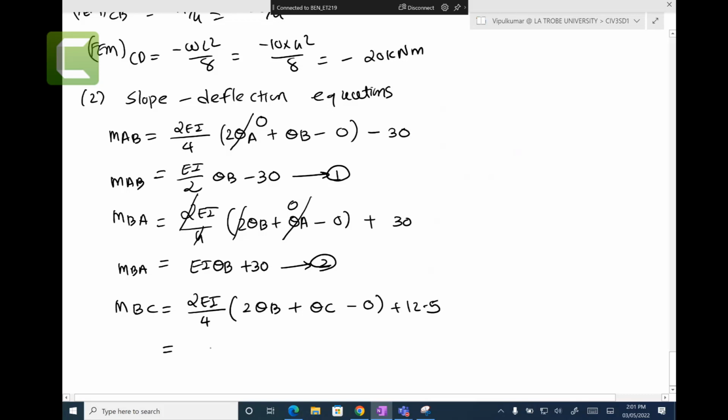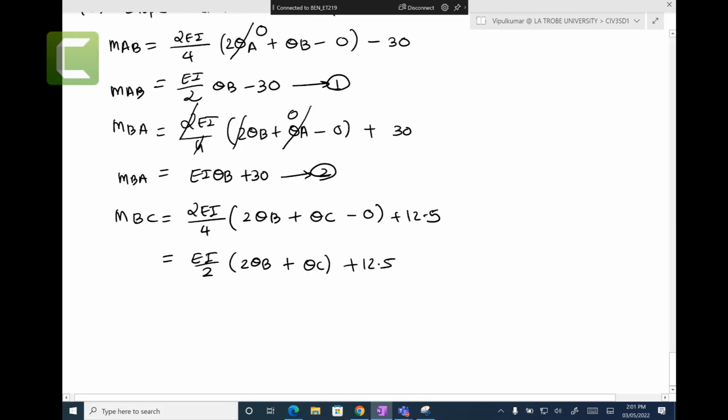That will give you EI on 2 times 2 theta B plus theta C plus 12.5. So EI theta B plus EI on 2 theta C plus 12.5 is MBC.